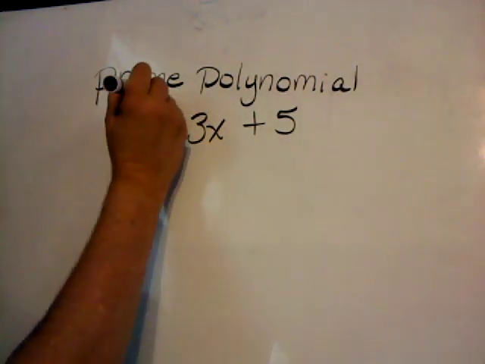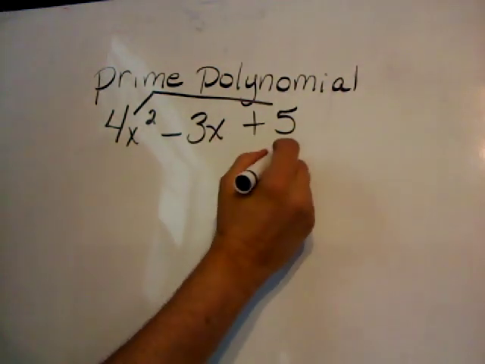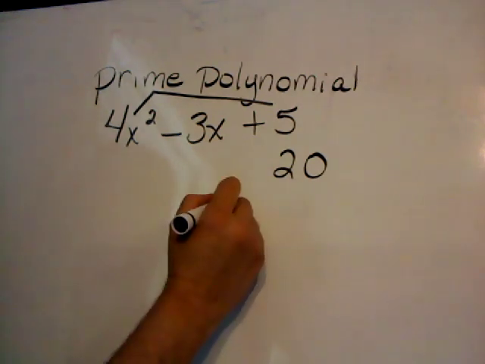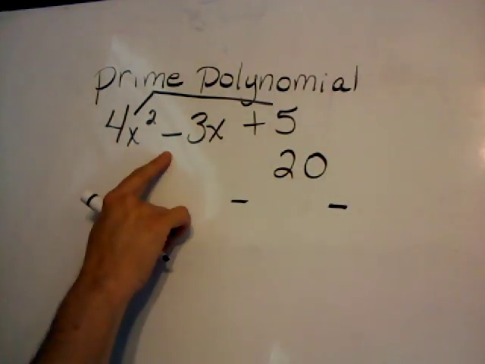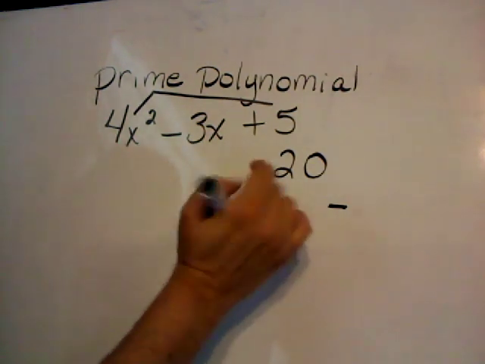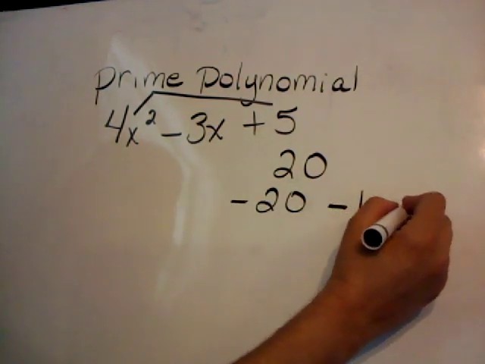So let's look at an example. Here I need to multiply my 4 times my 5, or my a times my c, and a times c is going to give me 20. So I know that both of these need to be negative, and when I put them together I get a negative 3. And the factors of 20 are 20 and 1, which would be a negative 21.